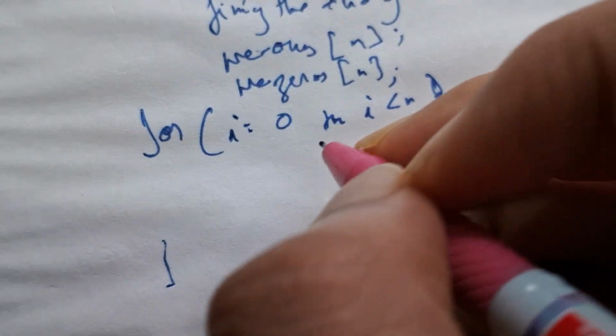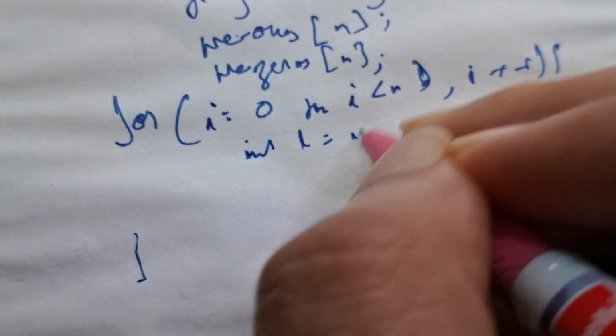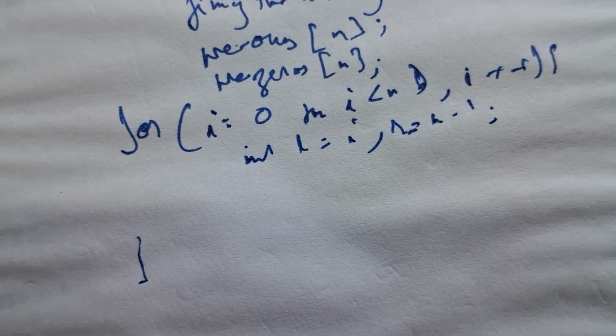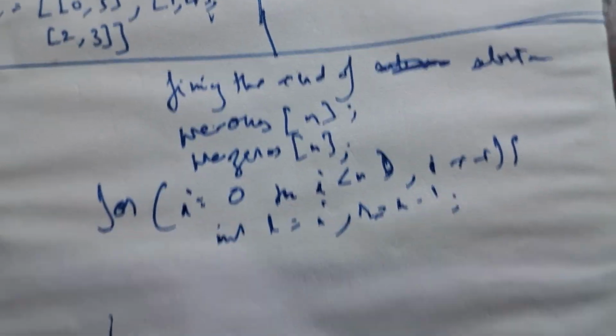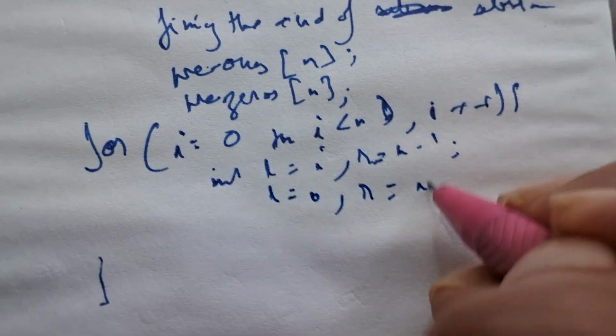Now you can fix L as i and R as n minus 1, or you can fix L as 0 and R as i.